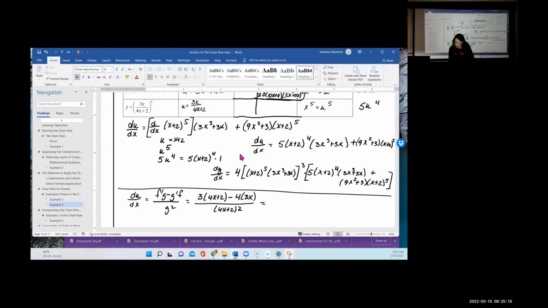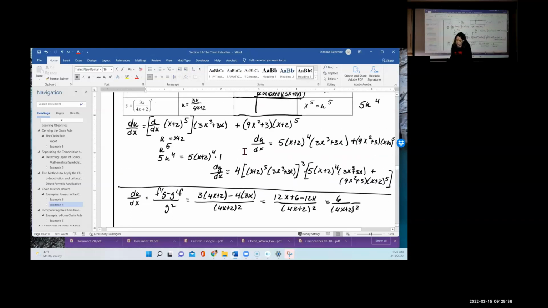Now we clean up the numerator, which would give us 12x plus 6 minus 12x. So the 12x's cancel. And we have 4x plus 2 quantity squared in the denominator, which gives us 6 over 4x plus 2 quantity squared.